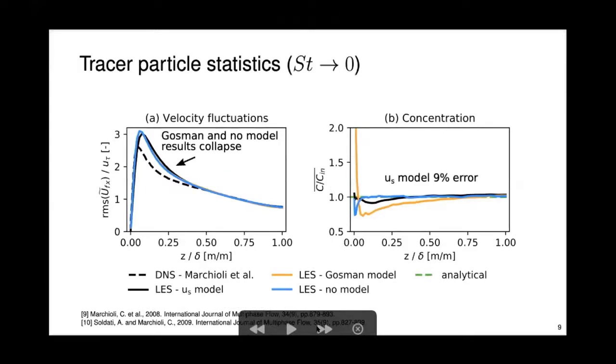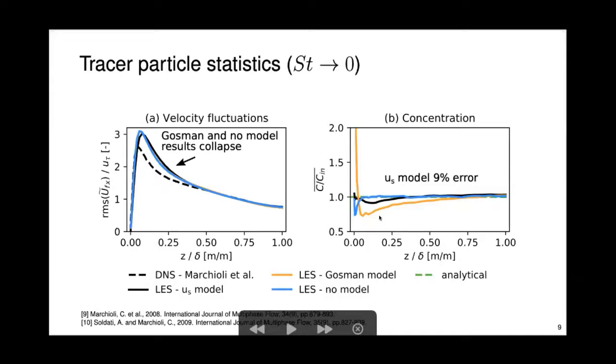So a way to check, as a first check that our stochastic model is correct, is that when the particle inertia tends to 0, the particle phase results should just mirror that of the fluid phase. So this is the case for the velocity fluctuations for all LES models.